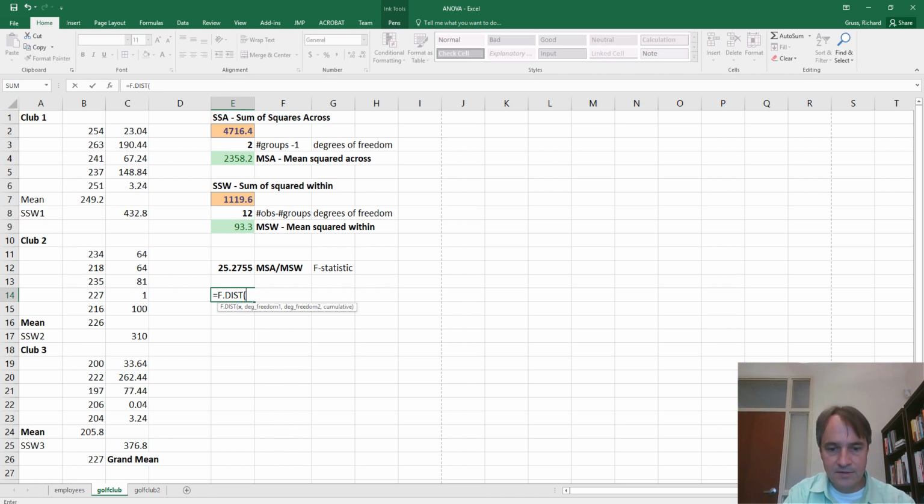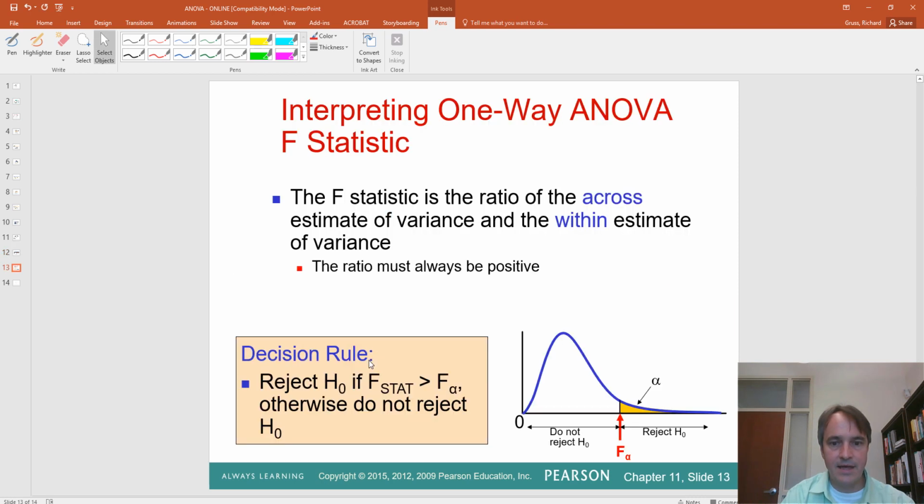Now if we take a look at this slide that shows us the way the F statistic is distributed, we see that what we're interested in is the probability under this right tail, right? So we're not going to reject under here, and we're interested in how much area is over here, because under here is the probability of observing a value by chance. If we have exactly the same mean squared across as mean squared within, then this should be 1.